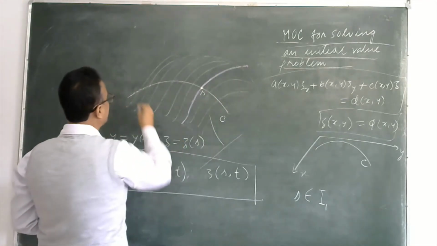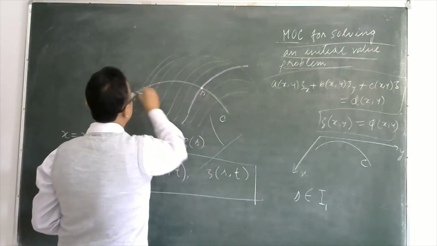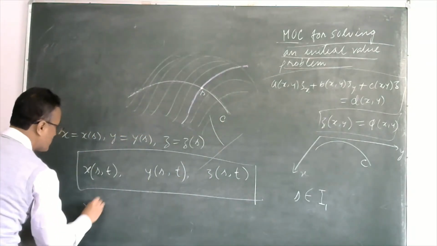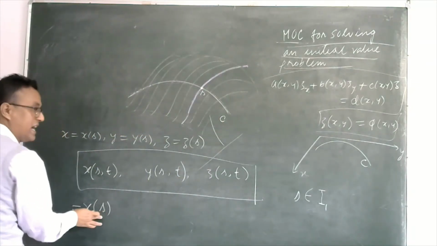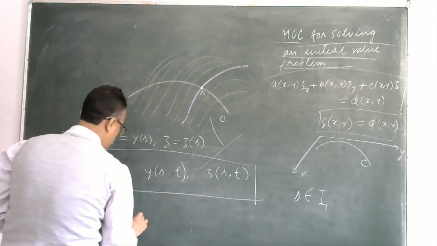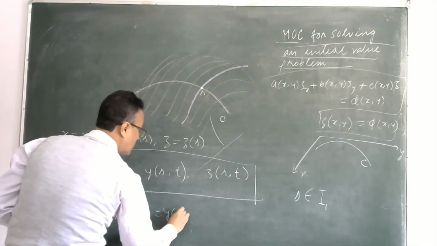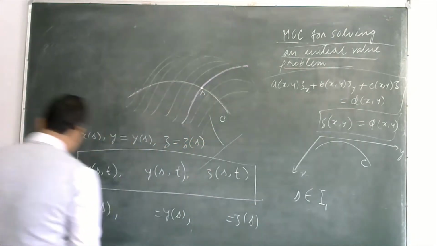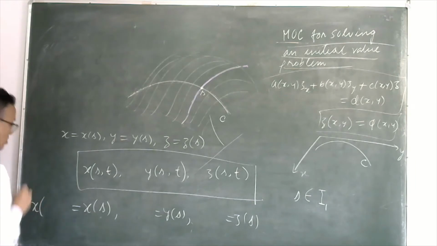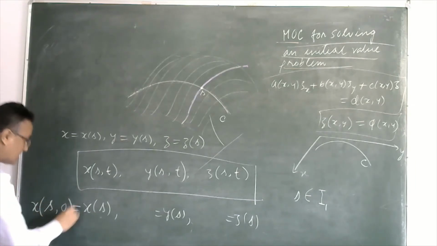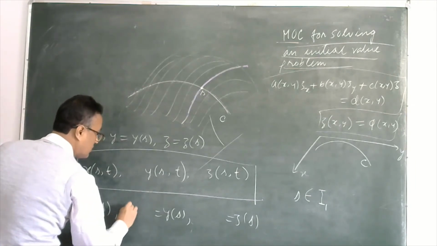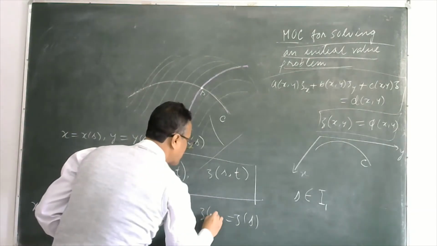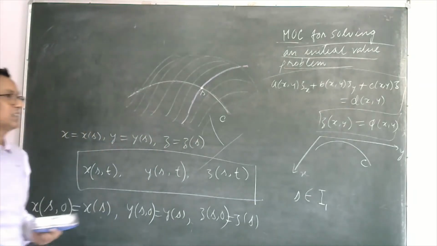That is why I can think that the initial curve, whose parameterization is nothing but x(s), y(s), and z(s), I can take them to correspond to when t equal to 0. I can simply think of them to be something like that.